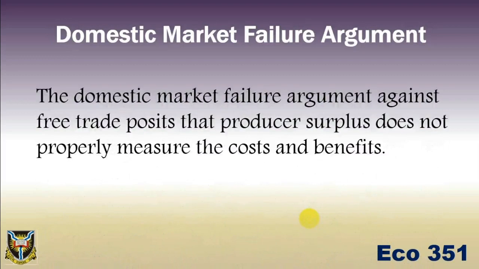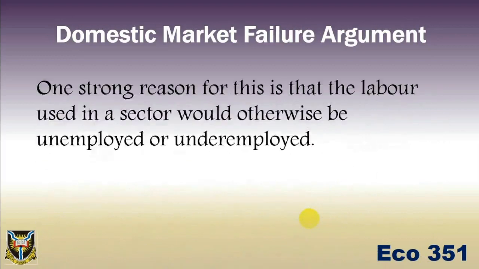The domestic market failure argument against free trade posits that producer surplus does not properly measure the cost and benefits. One strong reason for this is that labor used in a sector would otherwise be unemployed or underemployed.